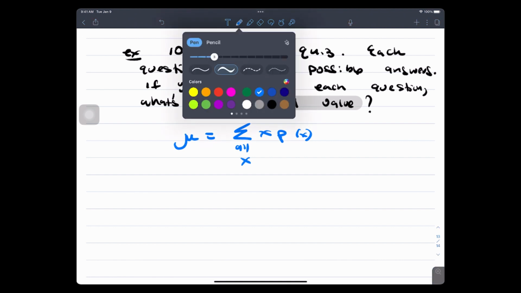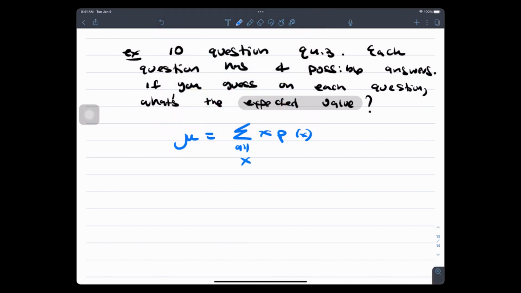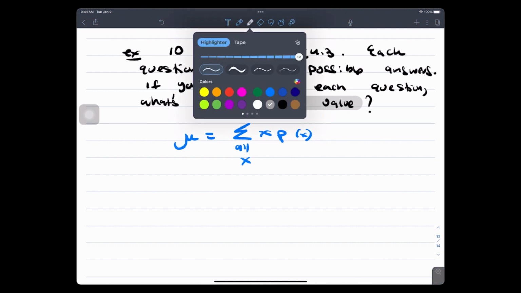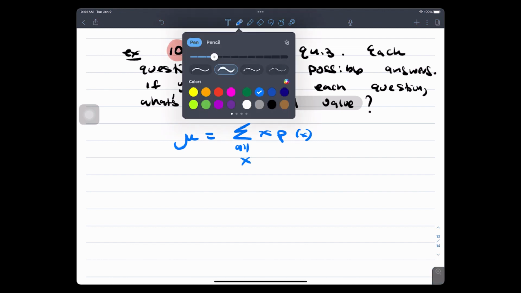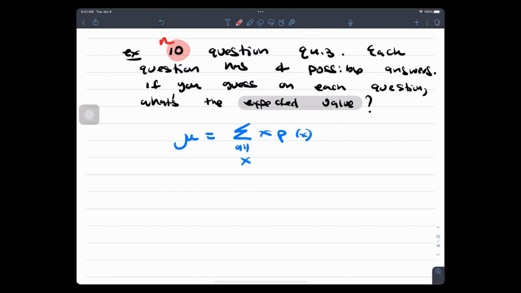But because this is a binomial distribution, how do you know it's a binomial? There's a fixed number of trials. How many trials are there? 10 trials, the number of questions. n is 10.